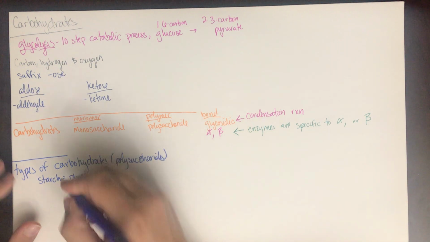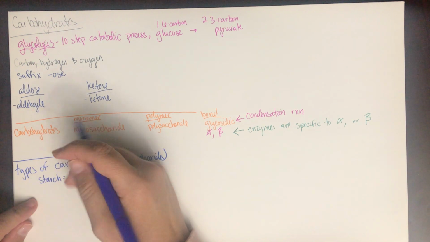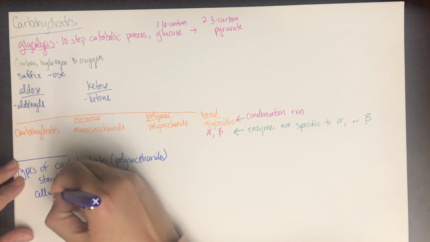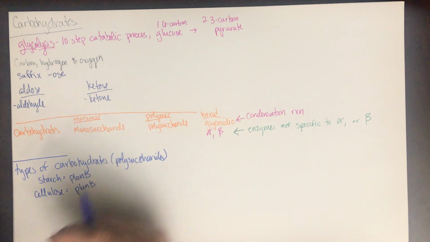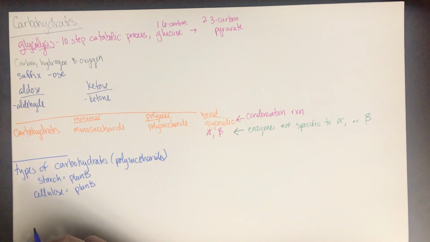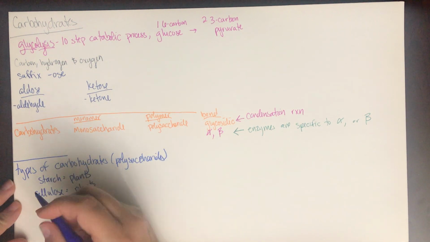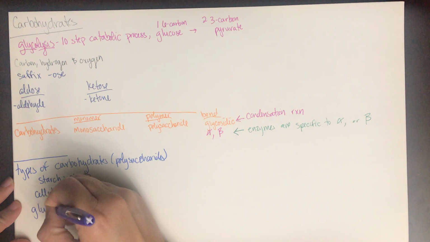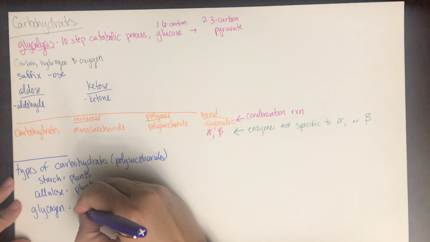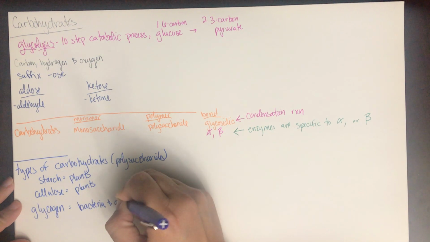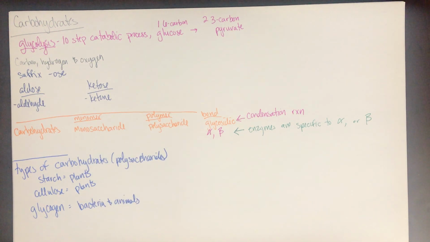Another way that plants store carbohydrates is cellulose. Also plants. Animal cells like us and also bacteria, we store carbohydrates as something called glycogen. And there are many other types of polysaccharides. These are the three that we are going to talk about.